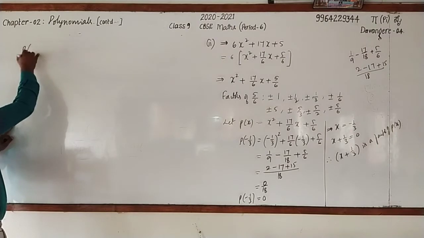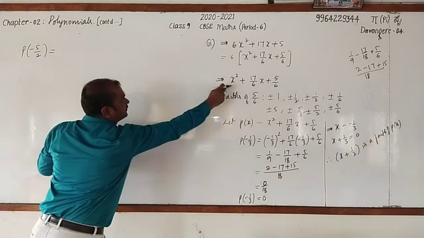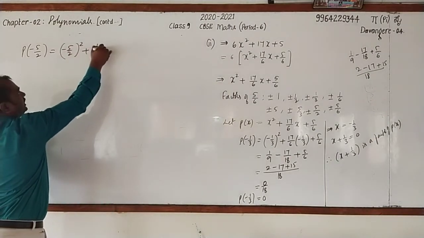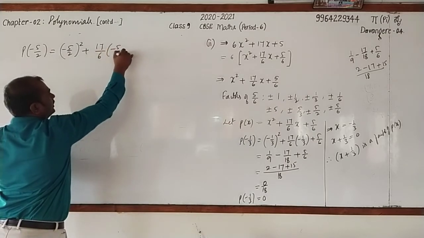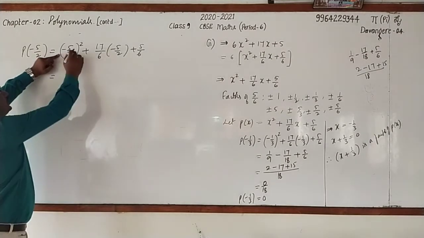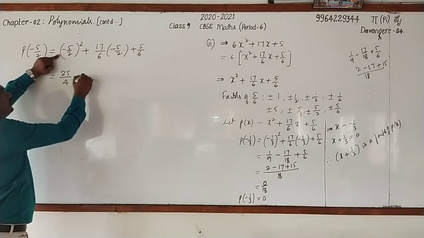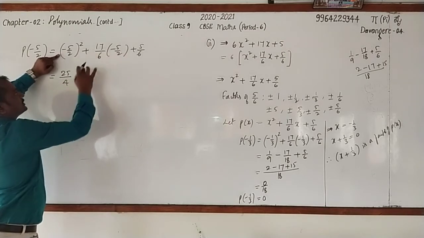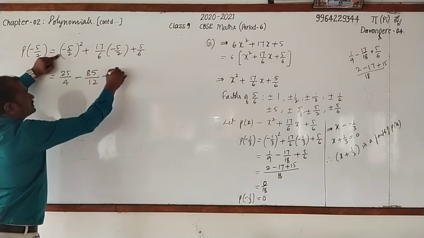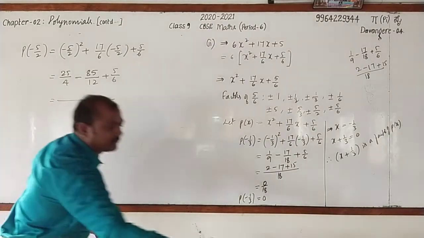Here I'll write P of minus 5 by 2 is equal to minus 5 by 2 whole square plus 17 by 6 into minus 5 by 2 plus 5 by 6. This is equal to minus 5 whole square is 25, 2 square is 4, plus into minus 17 fives are 85, 6 twos are 12, plus 5 by 6. 12 is the LCM.